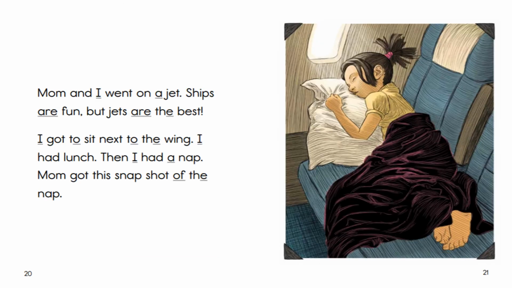Let's continue. Mom and I went on a jet. Ships are fun, but jets are the best. I got to sit next to the wing. I had lunch. Then I had a nap. Mom got this snapshot of the nap.